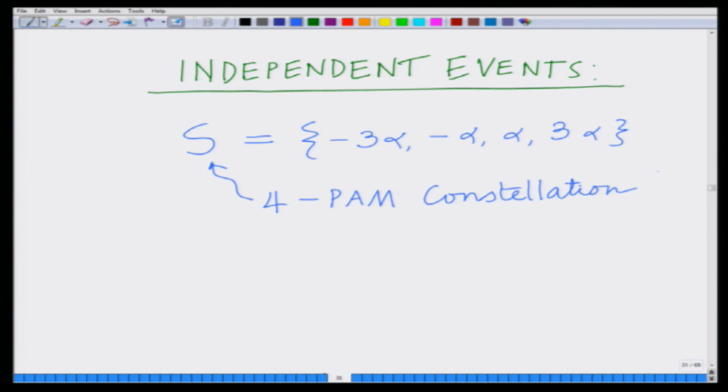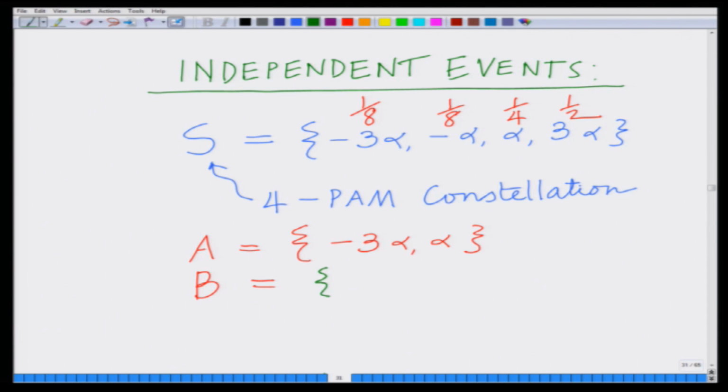This is our 4 PAM constellation, and we had considered the probabilities 1 by 8, 1 by 8, 1 over 4 and a half, and we had also looked at two events. The first event is A, which is that the symbol is either minus 3 alpha or alpha, and B, which is that the symbol is alpha.